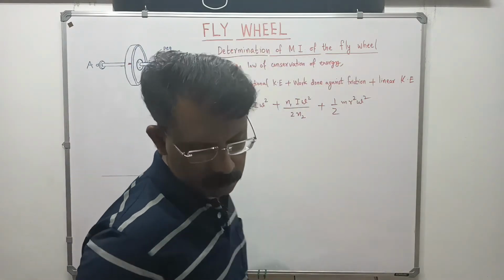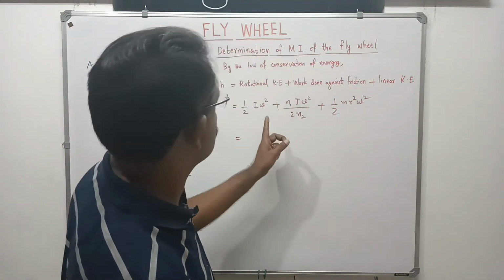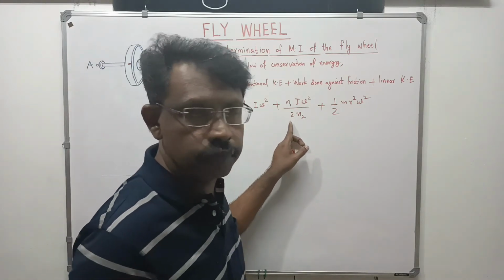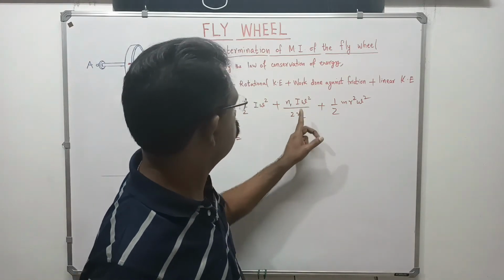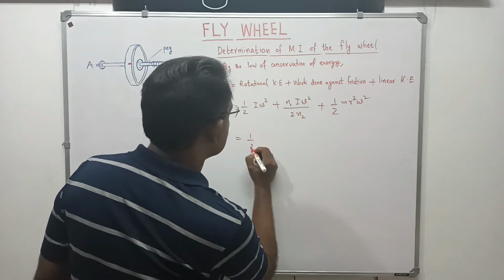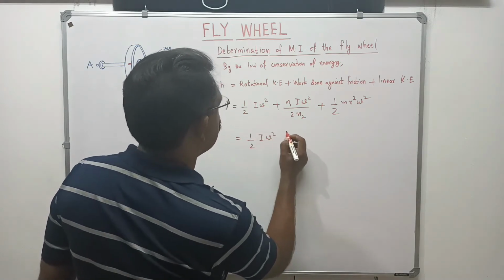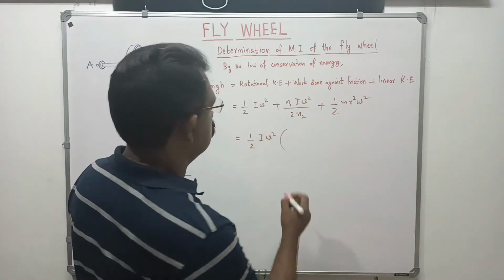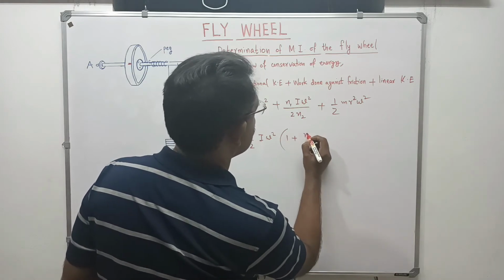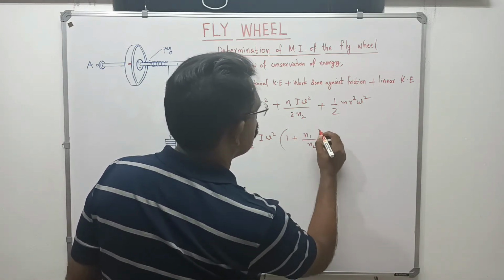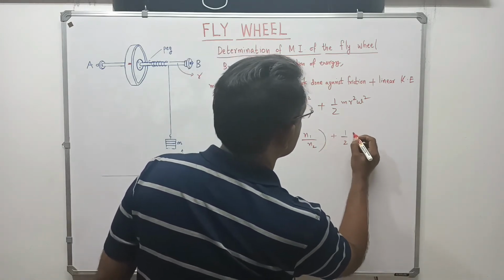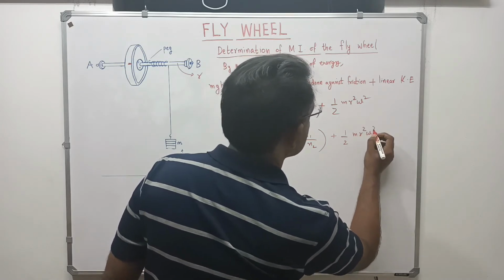So from this I can take half I omega squared as common. Here we have 1 plus n1 by n2, plus half m r squared omega squared.